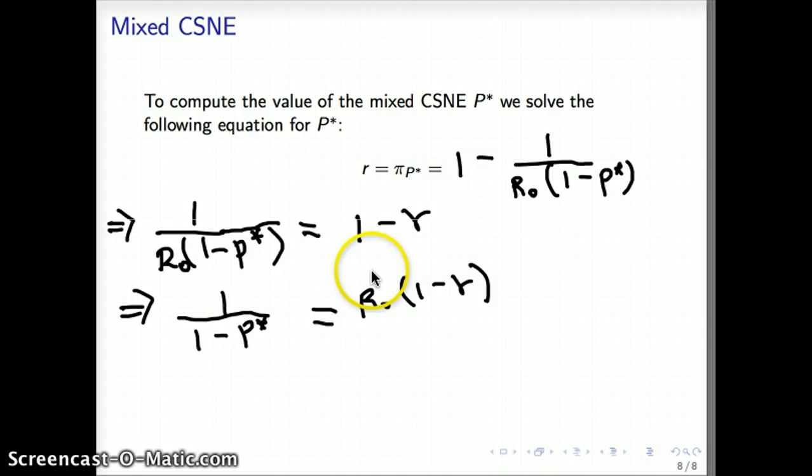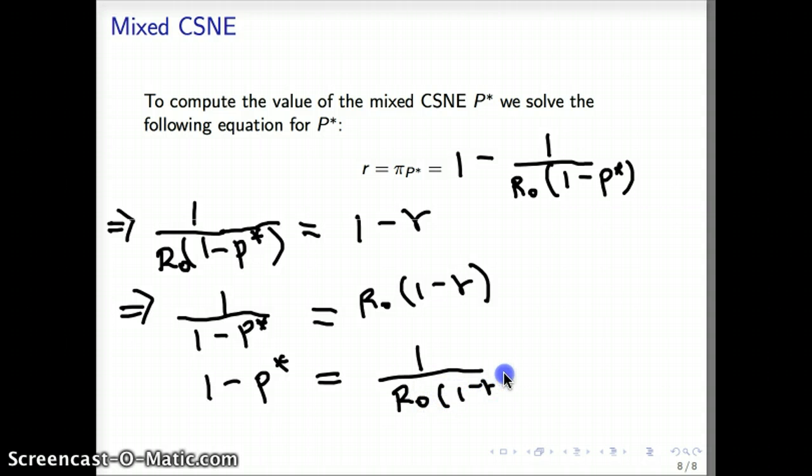The next thing is I can take the multiplicative inverse, or raise to the power -1, on both sides of this equation. So I have 1 minus P star equals 1 over R0 times 1 minus R.